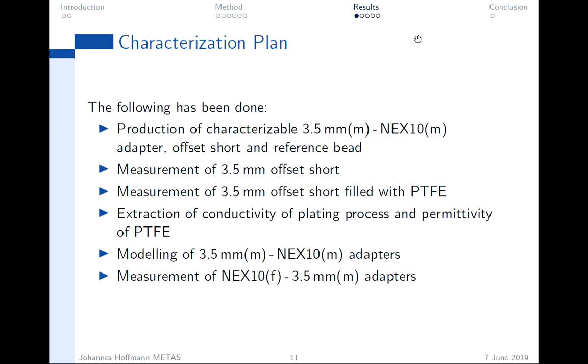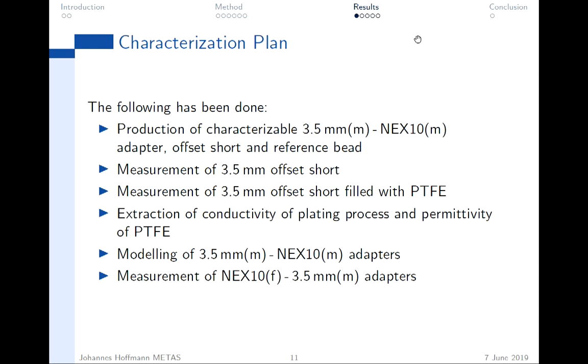So, sorry. Now we go on to the characterization plan. So now we know the theory, how to do it. Now let's see what kind of measurements and things we need. First we need to produce this characterizable special adapter from 3.5 millimeter male to next 10 male. We need an offset short and a reference bead. And then we measure the offset short.